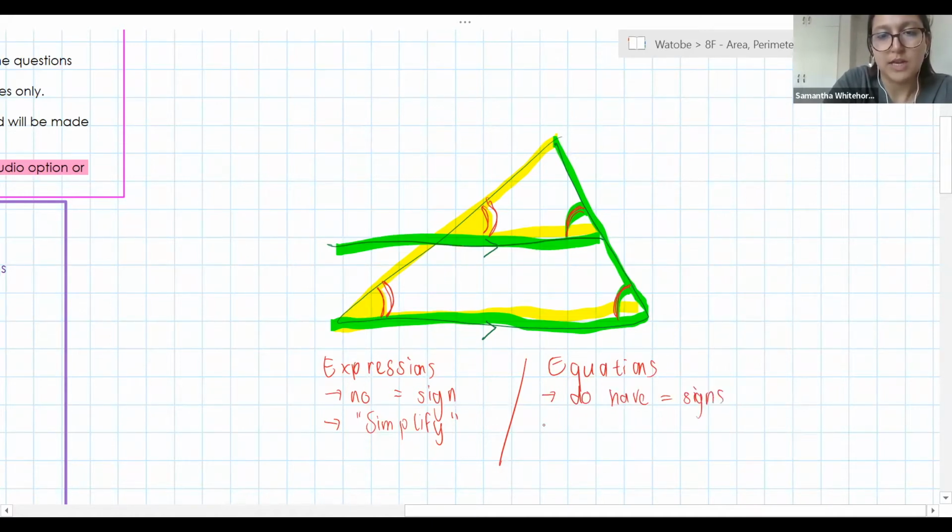Your instruction in terms of equations will then be solve for X or solve for the unknown, or whatever the case is. So that is sort of how we can differentiate between the two. Expressions you will be simplifying, whereas equations you will be solving for X or solving for the unknown.